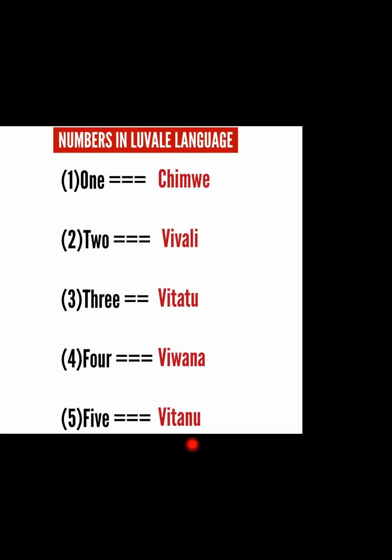Please let us know these numbers 1 up to 5 and all the numbers by heart. So the request made by Mama Doris, I think we've tried to go through.